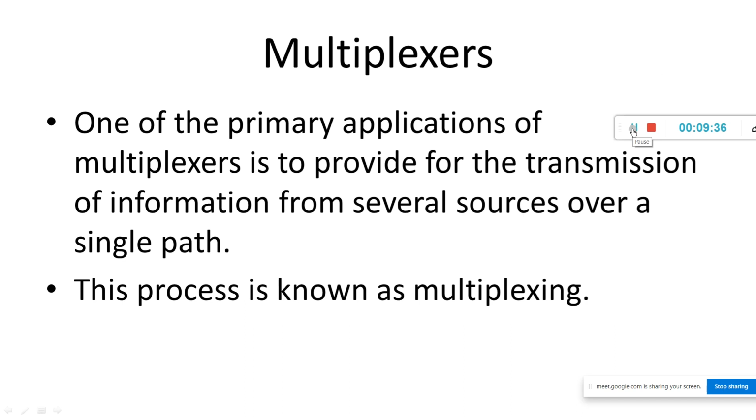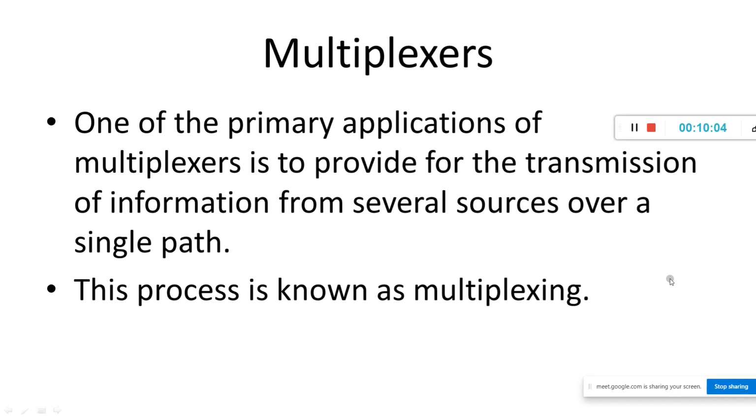So here one of the primary applications of this is to transfer the information from the several input data sources to the several destination sources. What is the main application of a multiplexer? The multiplexer application is to provide the information from several information points to the several destination points.